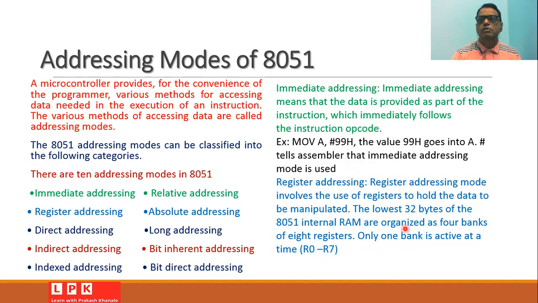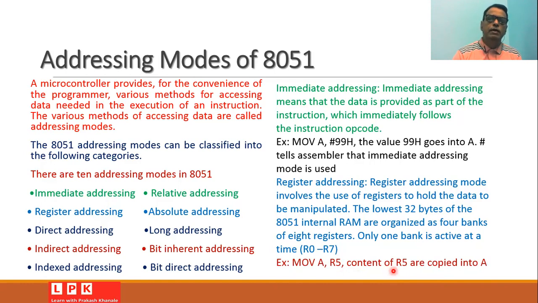That is, we have the registers R0 to R7, which can be used to hold data, and this data can be manipulated by different instructions. Say, for example, when we write the instruction MOV A, R5, the content of register R5 is copied into the accumulator A. This is register addressing.